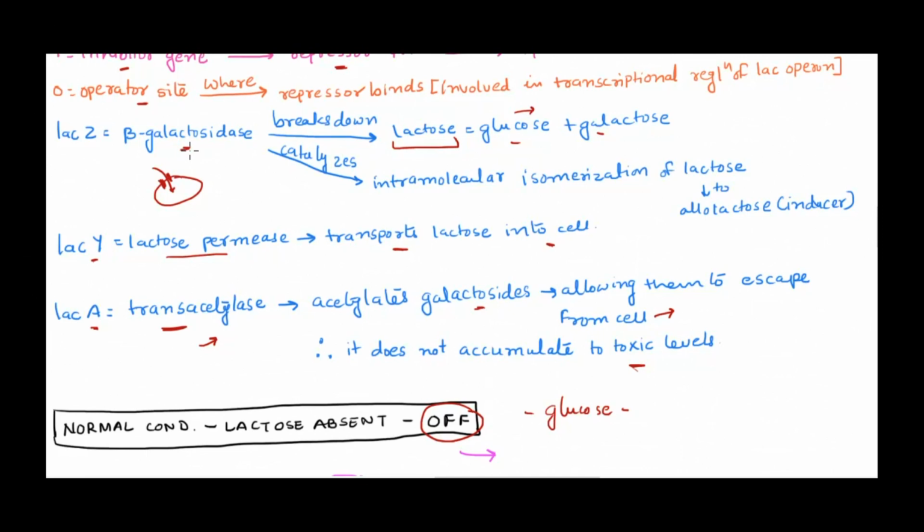I said beta-galactosidase has two functions. One is to break down the lactose into glucose and galactose. The other is isomerization of lactose into allolactose, because allolactose is the actual inducer here.